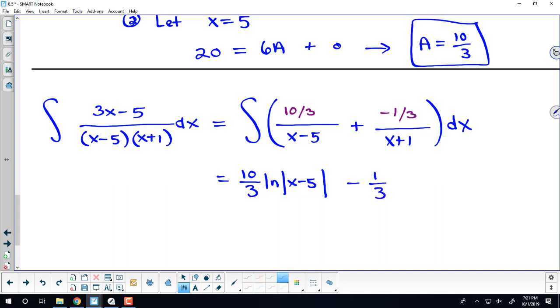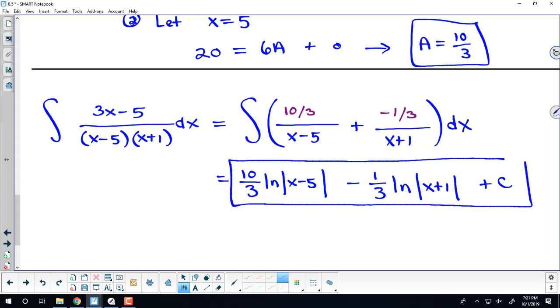Same thing for the second, minus 1/3 ln absolute value of x plus 1. Any questions on that?